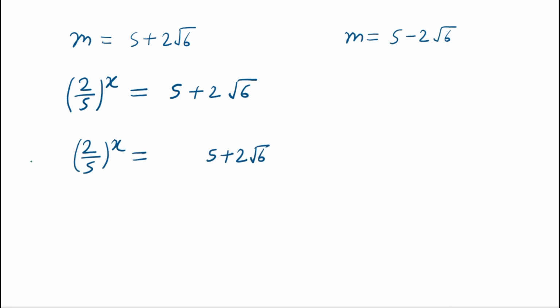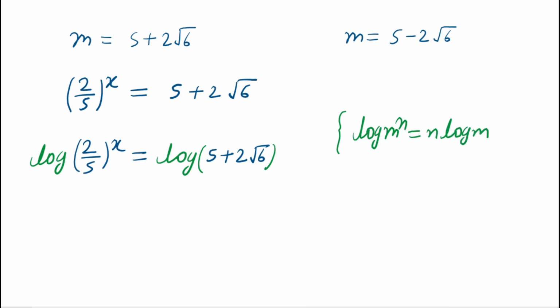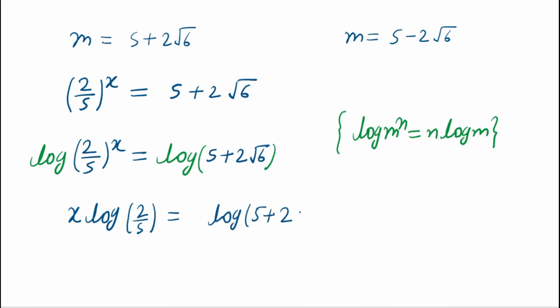Now if we take log on both sides, on the left-hand side we will apply this rule: log m to the power n is equal to n times log m. If we apply this rule on the left-hand side, then this expression is x times log 2/5, and this is equal to log of 5 plus 2 times square root of 6.